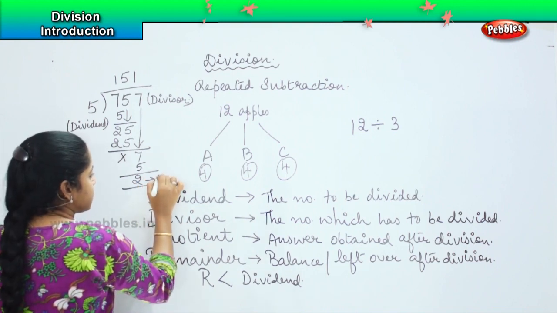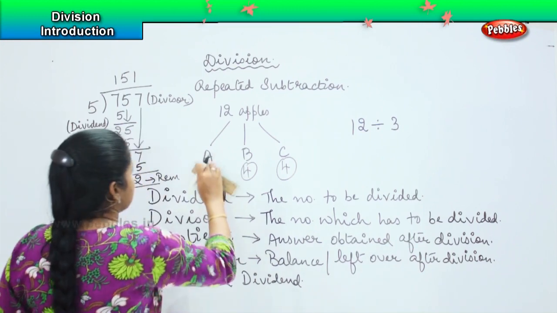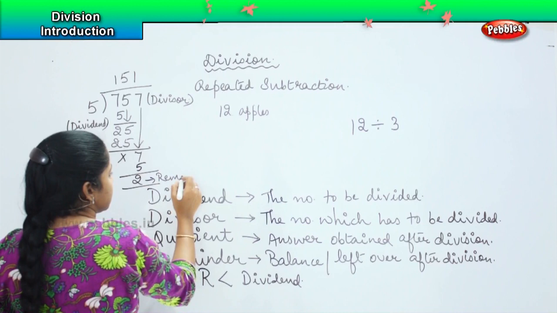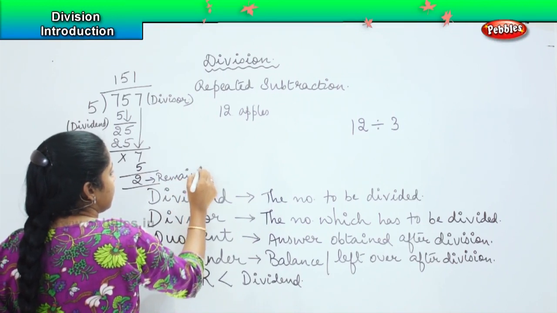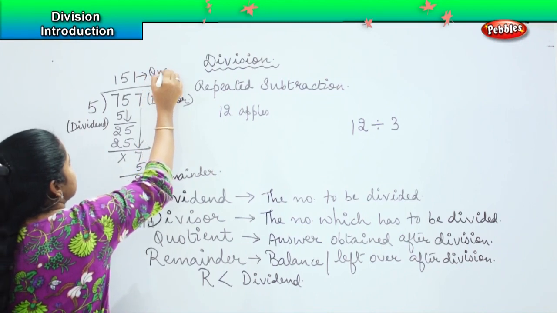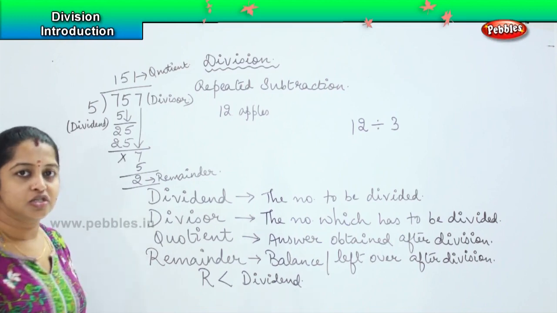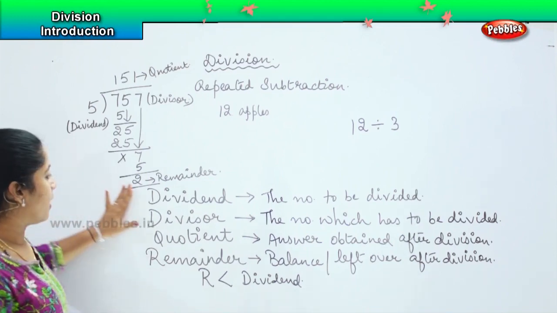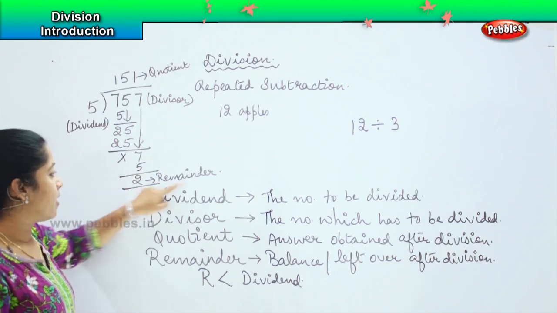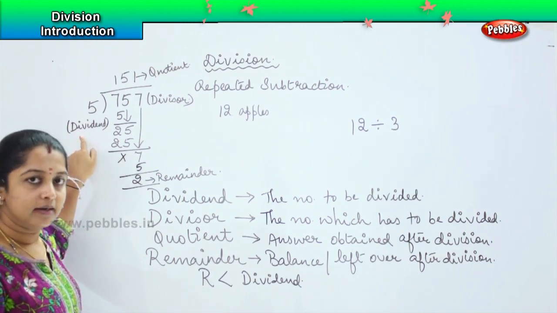So this is called my remainder and this one is my quotient. Understood, children?